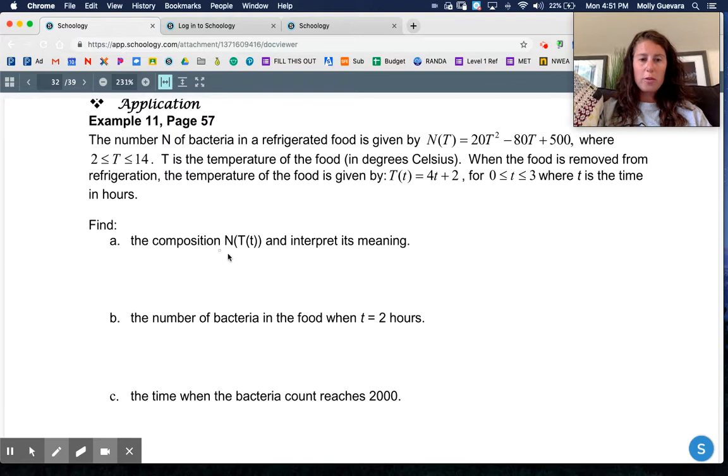So the first thing that they want is the composition of N of T and interpret its meaning.